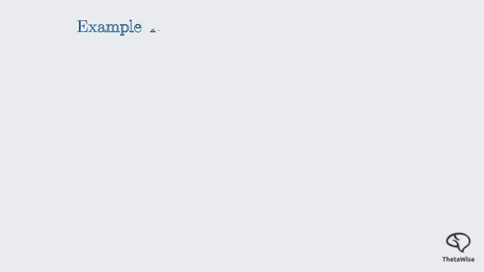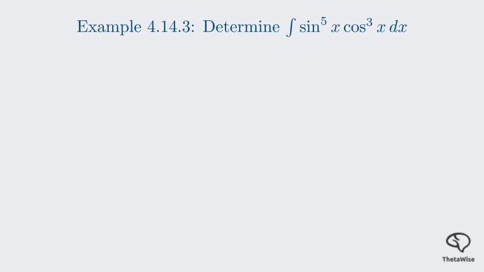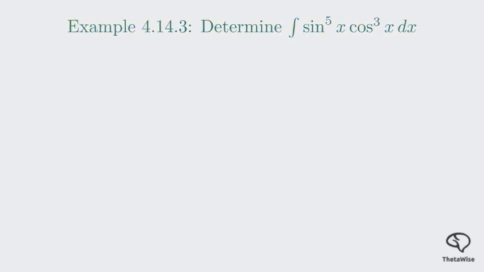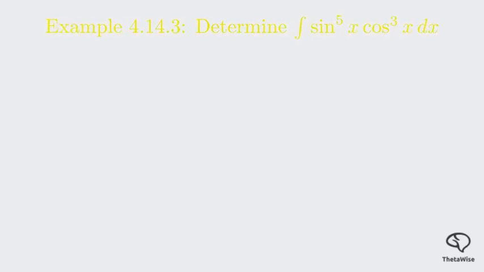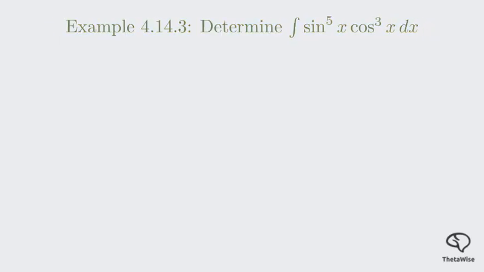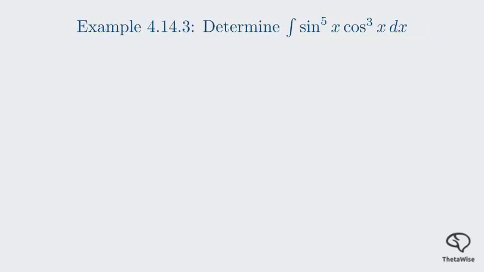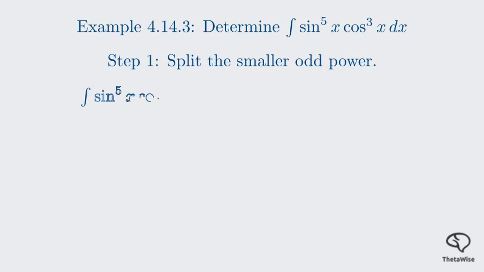We need to determine the integral of sine to the fifth x times cosine cubed x. Since both powers are odd, the rule says we can choose to split either one, but it's slightly shorter to split the one with the smaller power. Here, the smaller power is cosine cubed x. So, we split cosine cubed x into cosine squared x times cosine x.